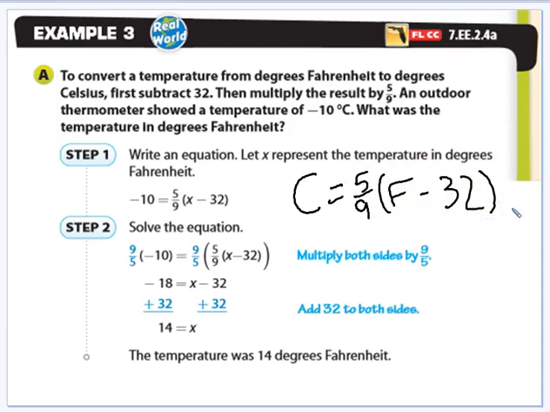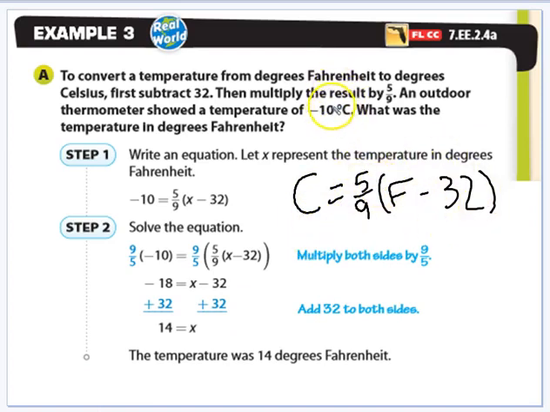All right. This is a formula, class. This is how it works every single time. Okay? If you're trying to find something in Celsius, they'll give you the degrees in Fahrenheit, and then this is the exact formula that you use. If they give you something in Celsius, you will put the Celsius degrees right here, and then you will solve it. So it will be the same thing all the time.